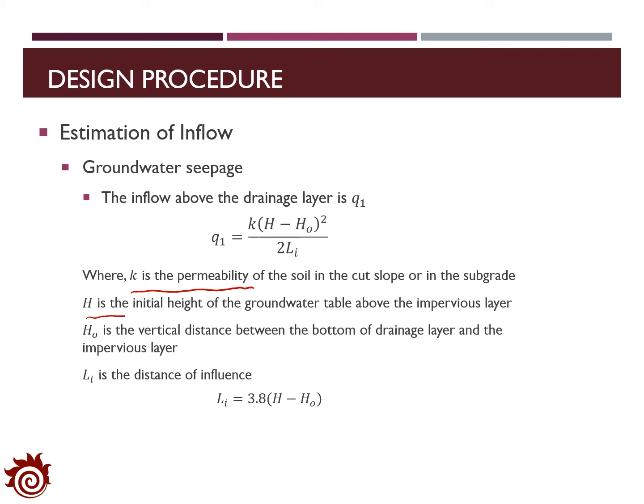Capital H is the initial height of the groundwater table above the impervious layer, and H0 is the vertical distance between the bottom of the drainage layer and the impervious layer. Li is the distance of influence and is usually determined by the equation here, Li equals 3.8 times (H minus H0). With these equations, we are able to find out the inflow rate above the drainage layer.